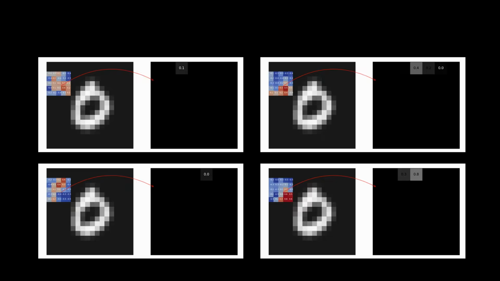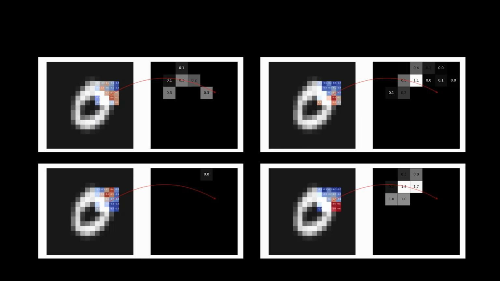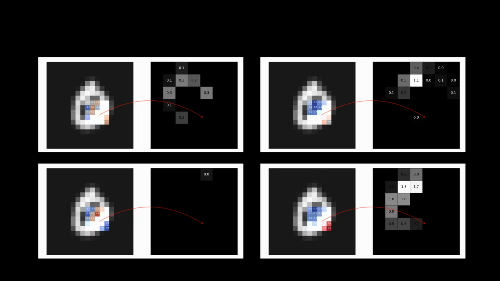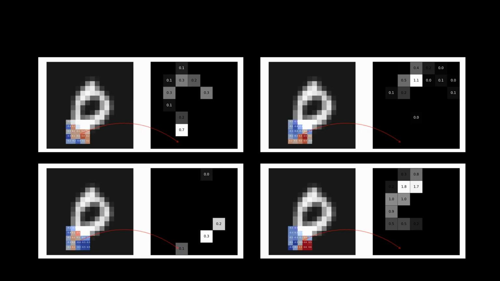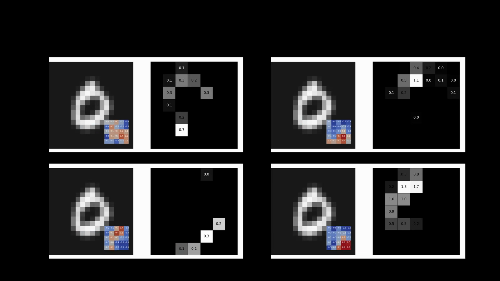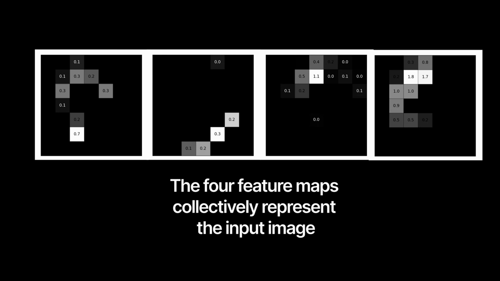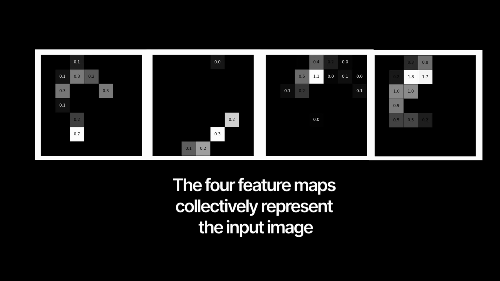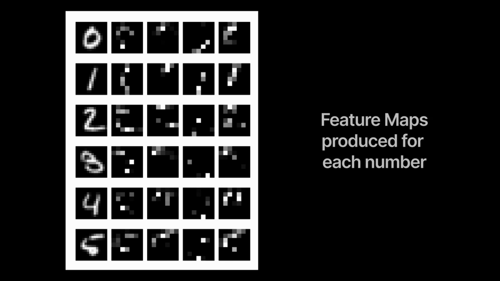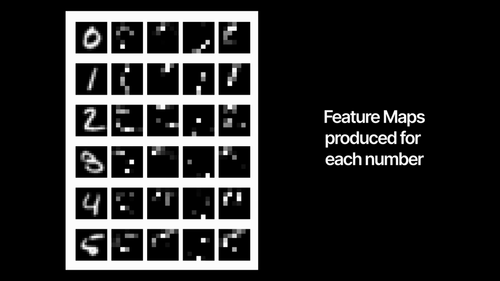If we input an image, this team of 4 kernels will scan the image in parallel and generate a feature map each. The 4 feature maps will collectively form the representation of the image. The accuracy of this model was close to 95%, indicating that it is pretty good at differentiating between all of the numbers. And if you look at the different feature maps it produces for all of the numbers, you'll see that it's quite diverse.